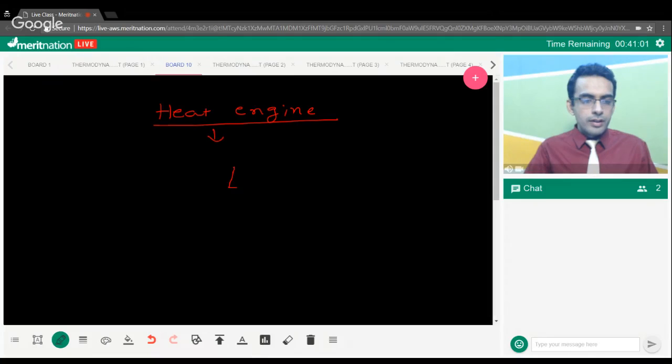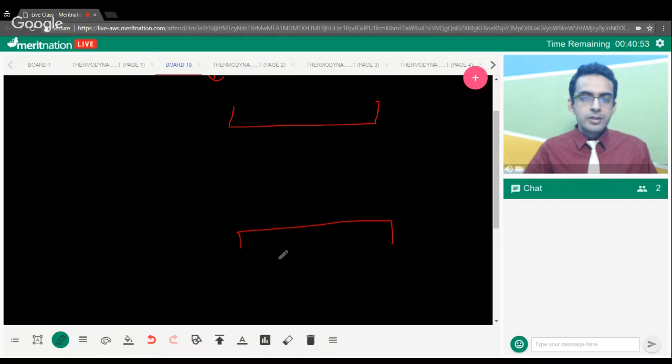So there is, let's say, a source. There must be a source of energy, right? And there's a sink to which the extra heat is discarded. And the heat engine, what does it do?